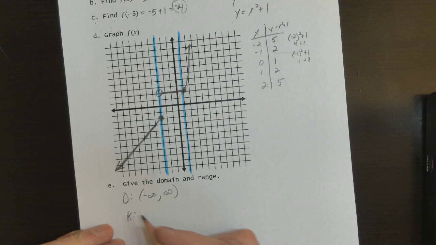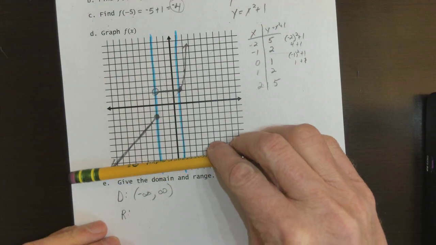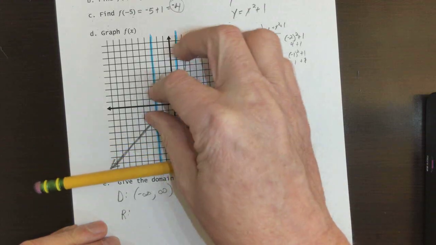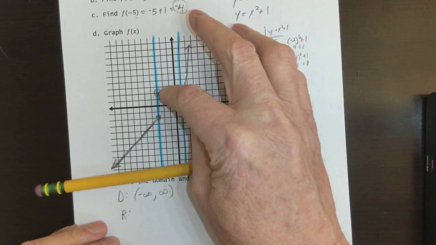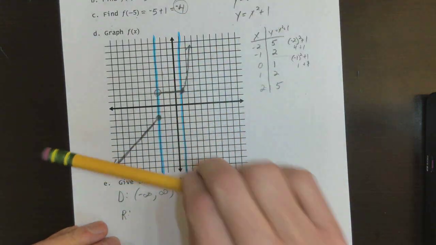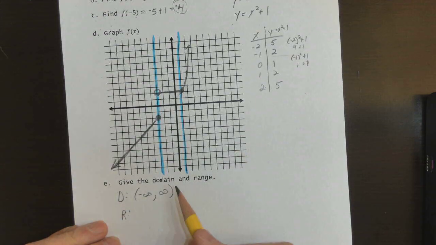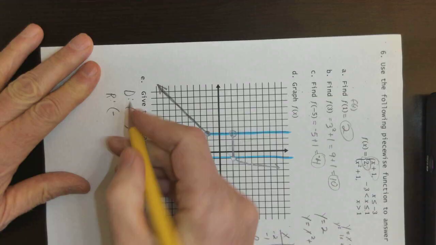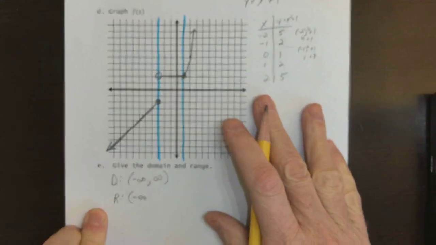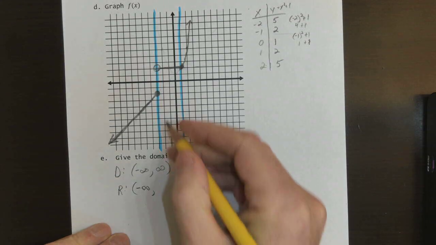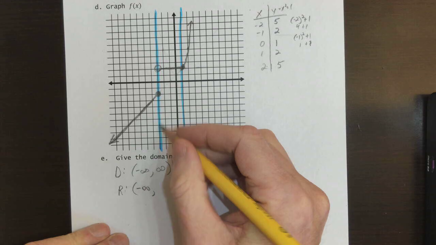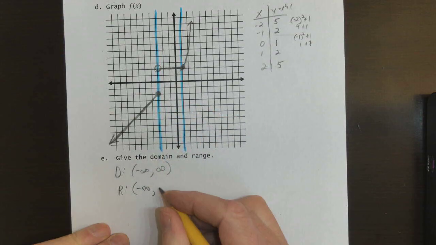And the range, coming down, I'm going to go up. I think I see a gap here. It comes to here and then keeps going up. So the range is negative infinity. Oh, here we go. This is negative 2.